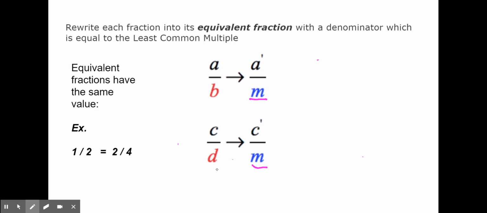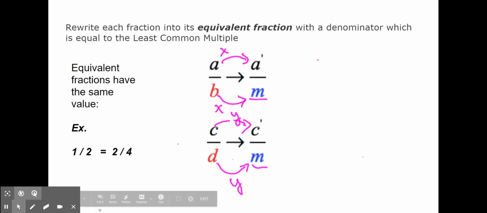When we're multiplying out, not only our denominator changes, but our numerator changes. Whatever we multiply by to get from b to m, so x, we have to also multiply a. Same thing here. Whatever we multiply to get from D to M, let's call that Y, we have to multiply C also.